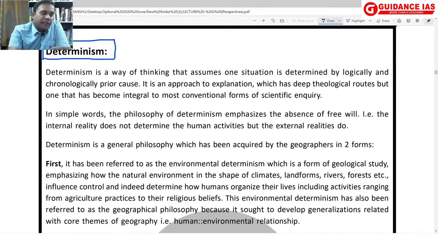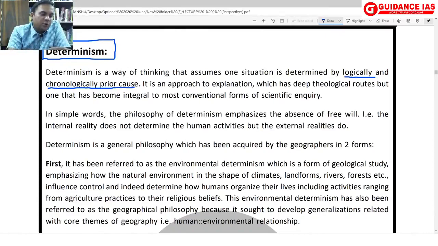So let us see. Determinism is a way of thinking that assumes one situation is determined by logically and chronologically prior cause. There is already an existing law. Chronologically prior, that means there is already an existing logical law, and we are just being determined by that law. यही देखा था अभी हमने.